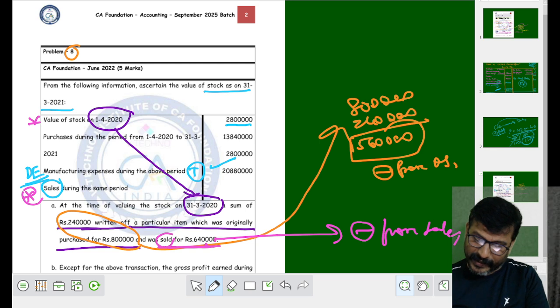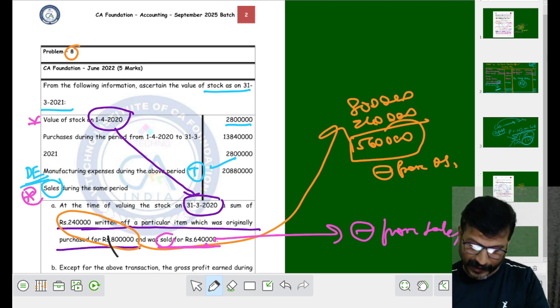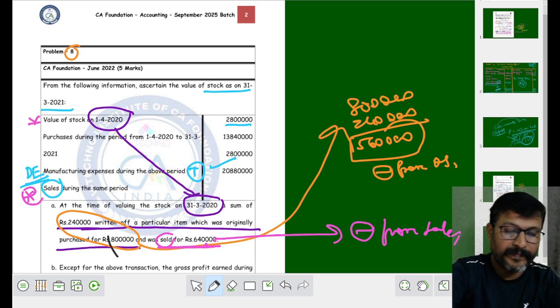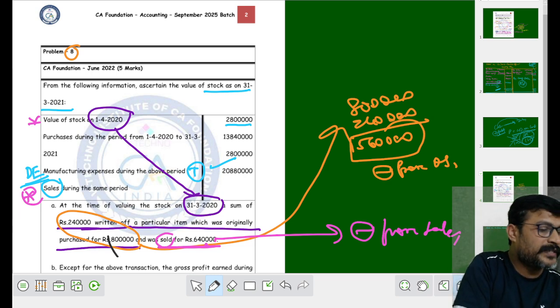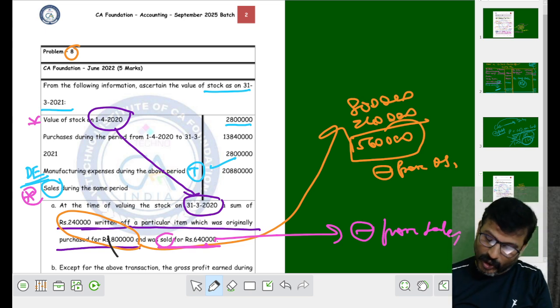Except the above transaction, the gross profit margin is how much? Except the above transaction, the gross profit margin is, it is hiding over here. The gross profit margin is, I tell you, 1/3. The gross profit margin is hiding in this particular place.